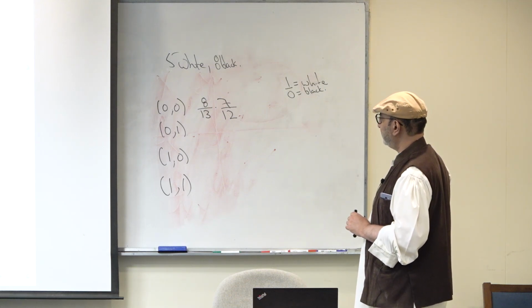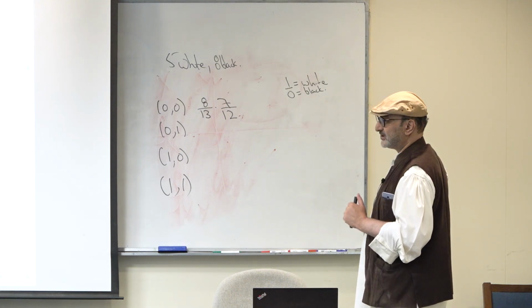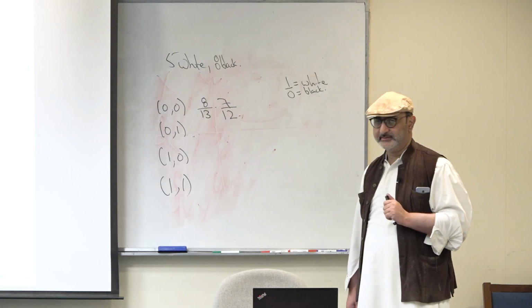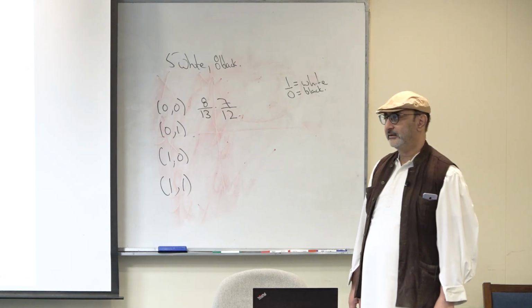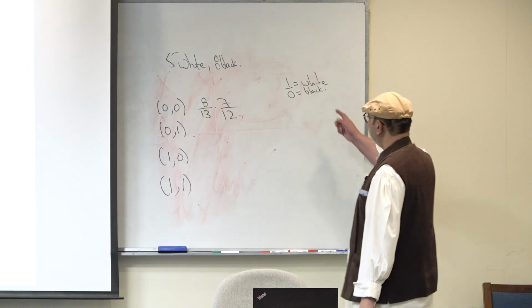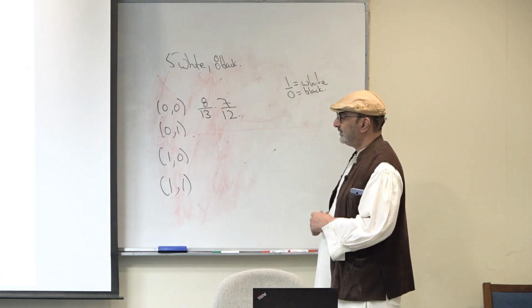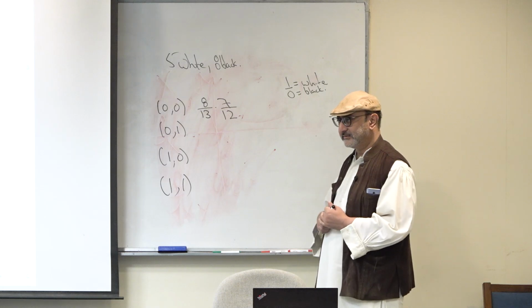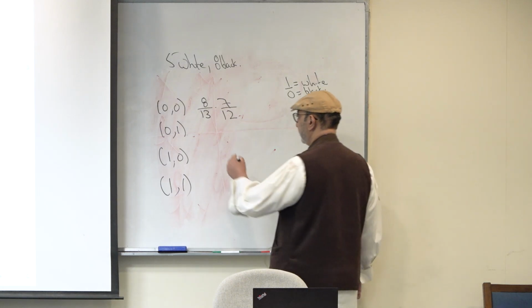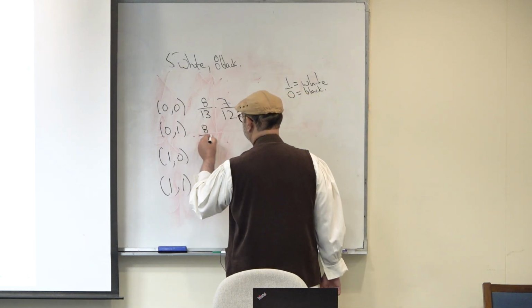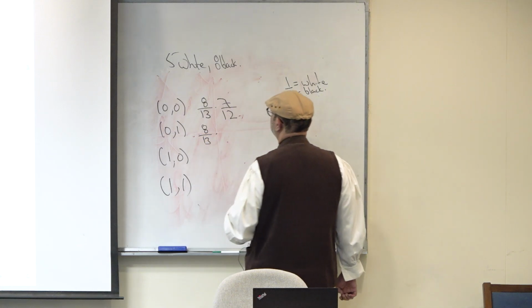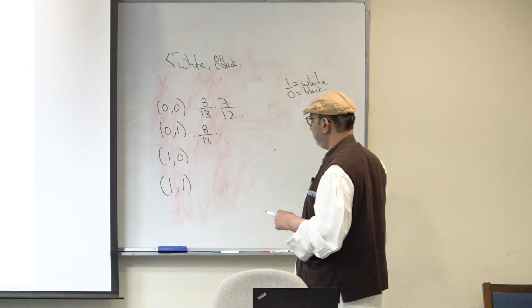What's the probability of getting the result 0, 1 after the experiment? Well, that means drawing a black and then drawing a white. What was the probability of drawing a black first? It's 8 out of 13. We already discussed that. Now you've taken the black out.